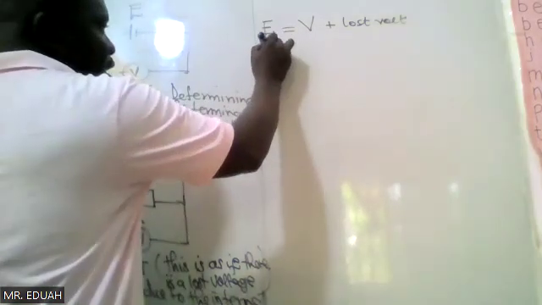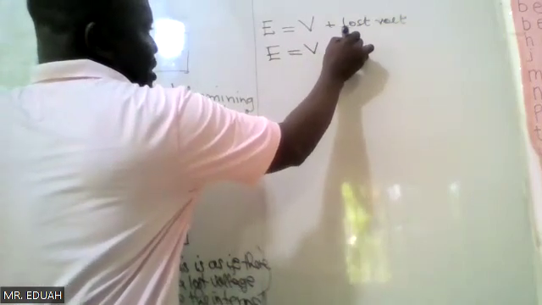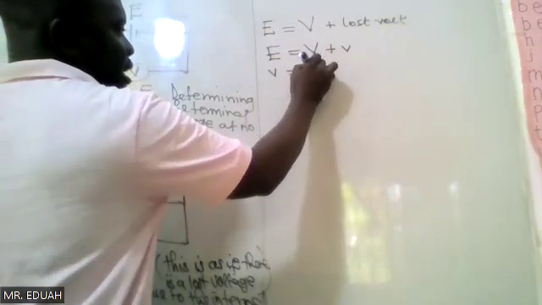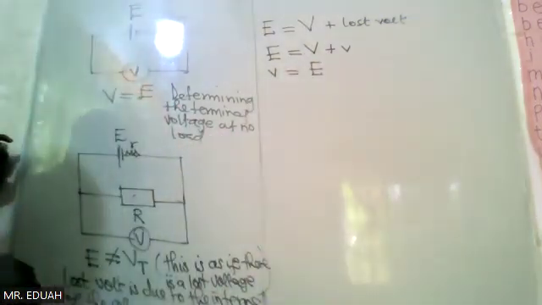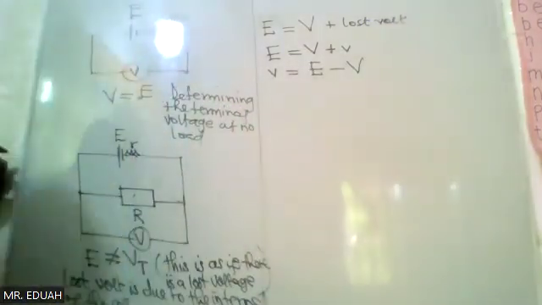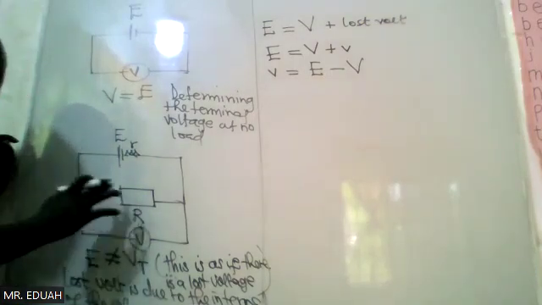So E is equal to terminal voltage plus the lost volt. So the lost volt small v is equal to the EMF of the battery minus the terminal voltage, which is the voltage drop across the external resistor.